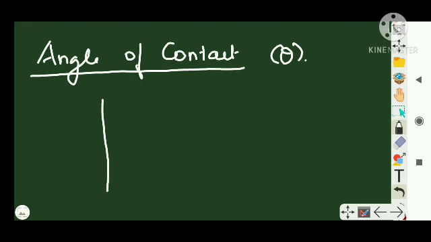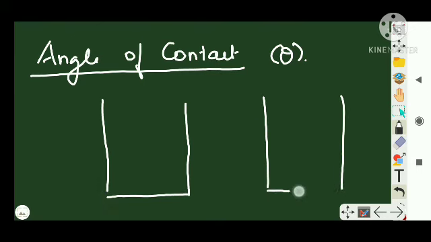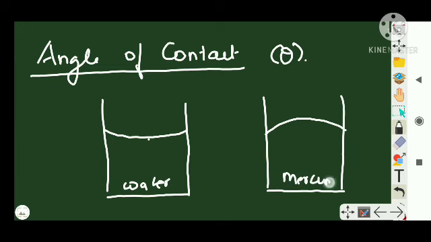Suppose you have two capillaries, or two tubes. You know what is lower meniscus and upper meniscus. This is lower meniscus, this is upper meniscus. This is for water, this is how water is seen, whereas mercury in a tube will be like this.